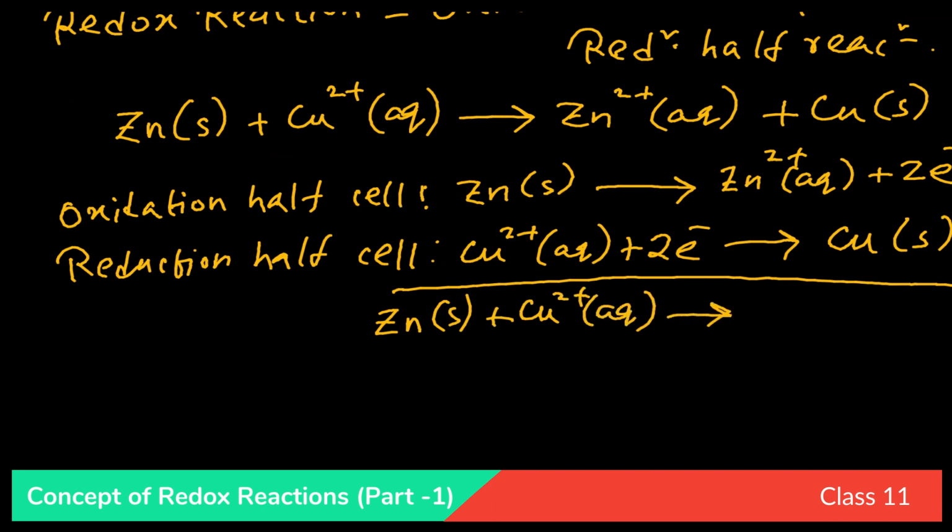It will again give you Zn2+ aqueous plus Cu, that is my solid. So in this way, a redox reaction can be represented into two types of half reactions or half cells. One is the oxidation half cell, another one is the reduction half cell. Okay.